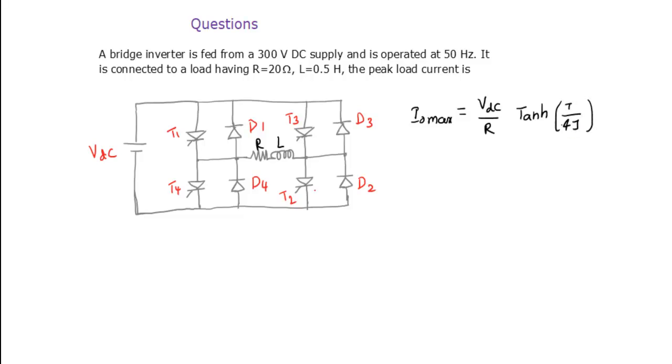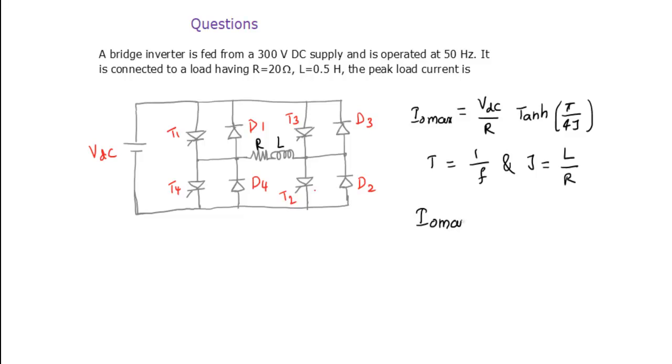Here T is 1 by f, and tau is the load time constant, L by R. You can substitute everything and get the maximum value.